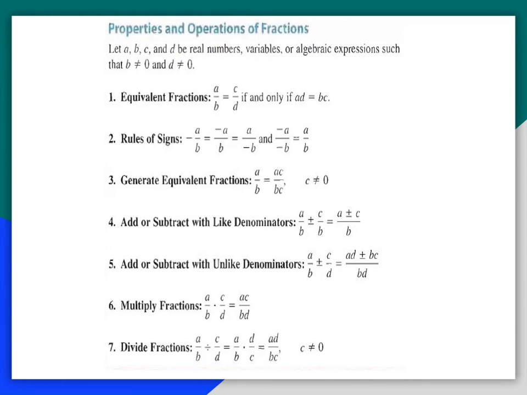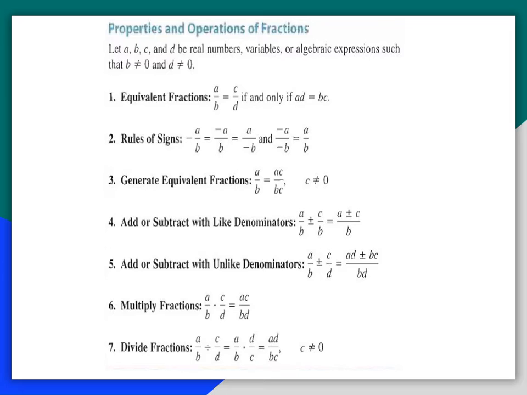Properties and operations of fractions. Okay, and the statement above says we're going to let a, b, c, and d be real numbers, variables, or algebraic expressions. However, here we have the quantifier that b and d are not allowed to be 0 for anything.